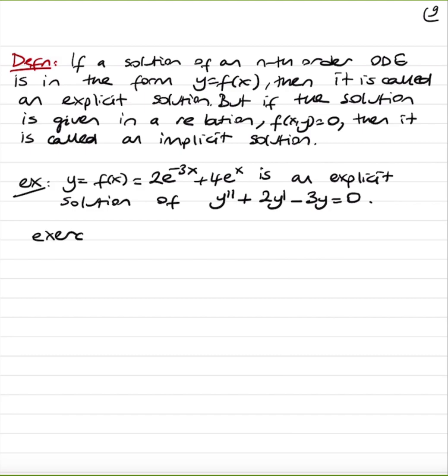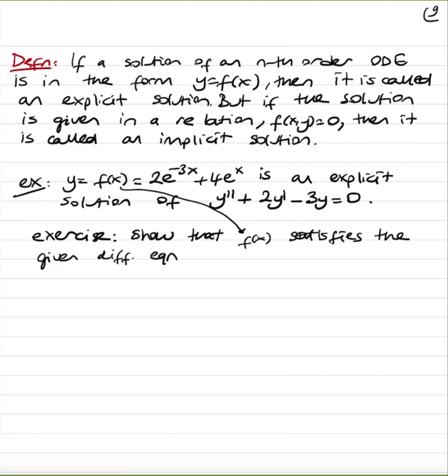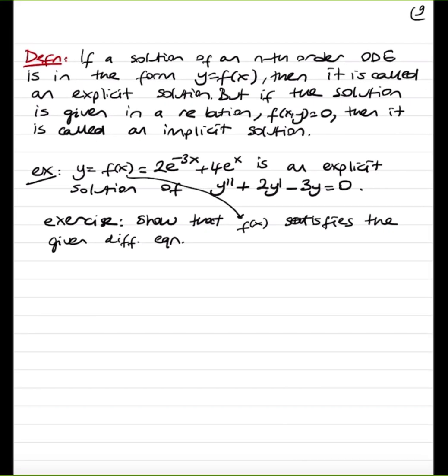I will give an exercise: show that this f of x satisfies the given differential equation y double prime plus 2y prime minus 3y is equal to 0. I give it to you as an exercise, to show that it is actually a solution.